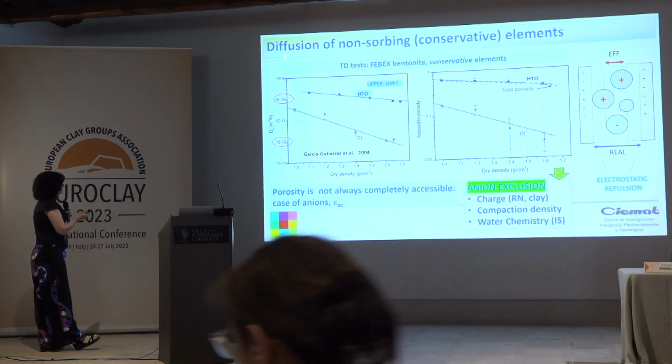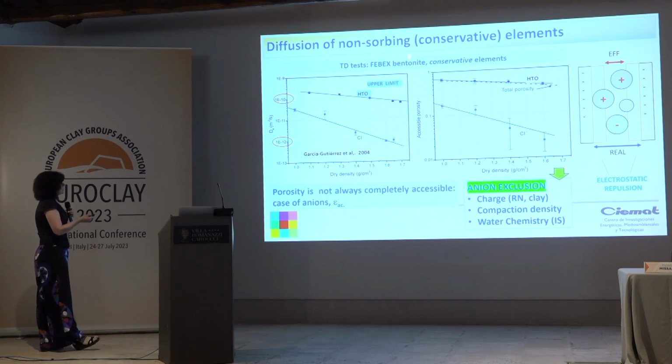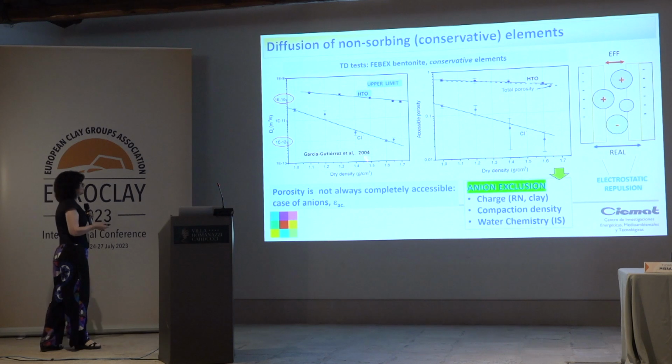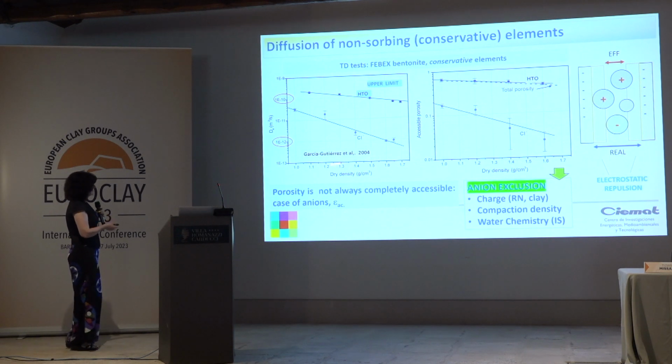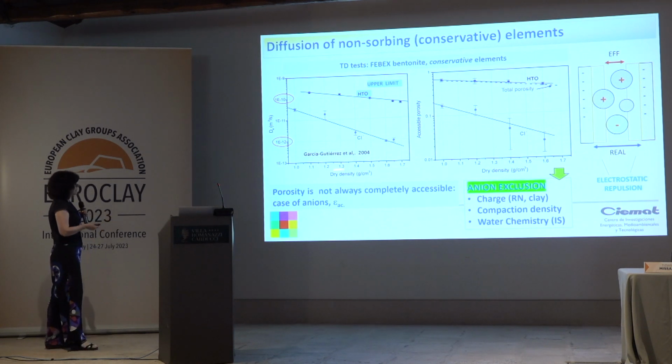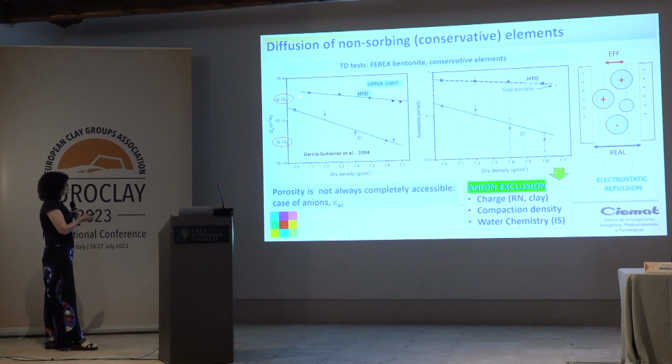These are studies made with tritium, a neutral species, and with chlorine, which is also non-sorbing but negatively charged. We can see here the experiments have been made as a function of the dry density. So we have a slight dependence on the dry density for tritium, but much more dependency on the dry density for chlorine.